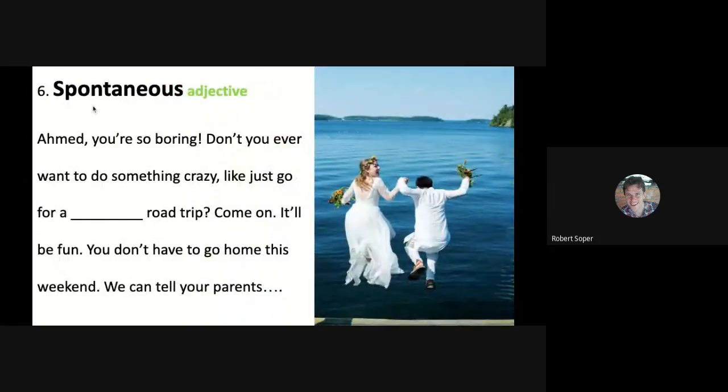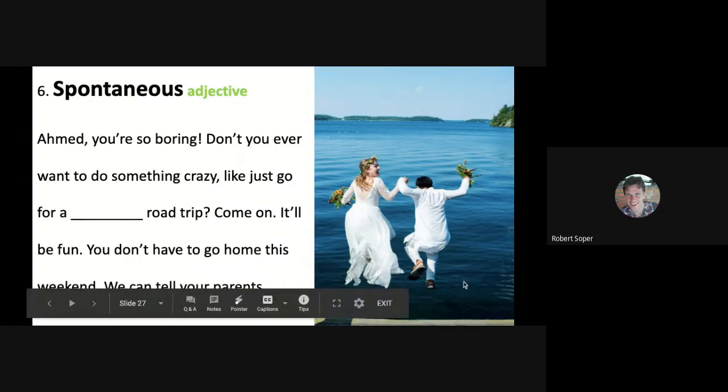Okay, so this word is spontaneous. Spontaneous is an adjective. It basically means not planned. So if you do something that you didn't really plan on doing, it's spontaneous. Here we have the wedding photo, for example. These people are posing, let's say, on this quay next to this body of water for a wedding photo.